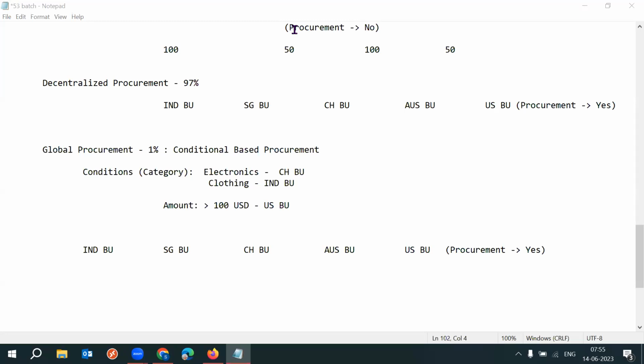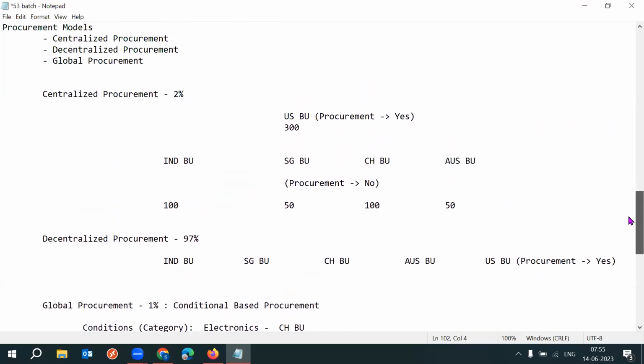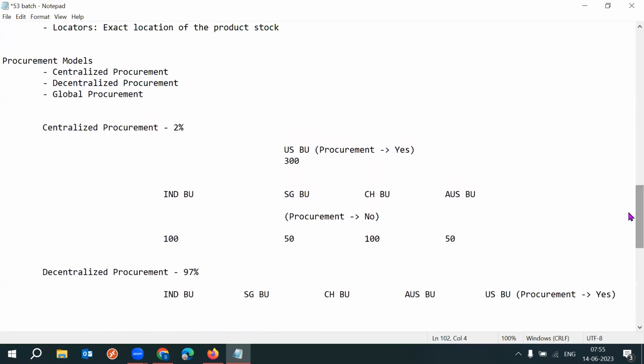Especially in other countries, the standards are very, very important. The policies are important. Otherwise, you'll get questioned by the auditors. You'll get into a lot of trouble. Maybe your business license may even get cancelled.